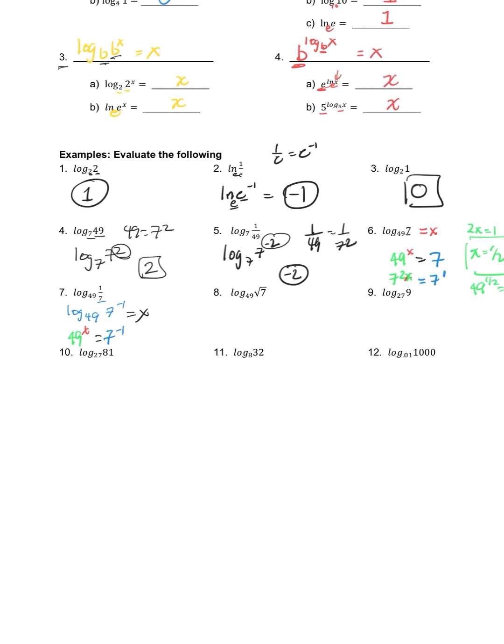Now I'm going to change 49 to 7 squared, to the x, equals 7 to the negative 1. Now the bases are the same, so I can set the exponents equal to each other. So 2x equals negative 1, so x equals negative 1/2.